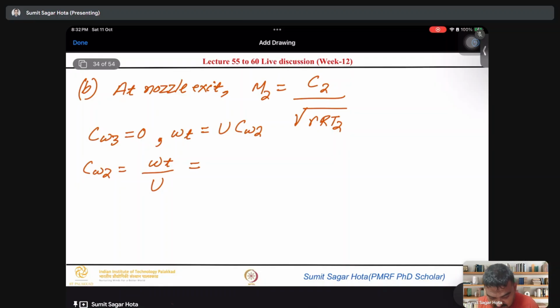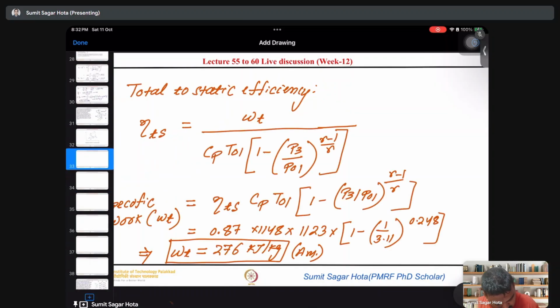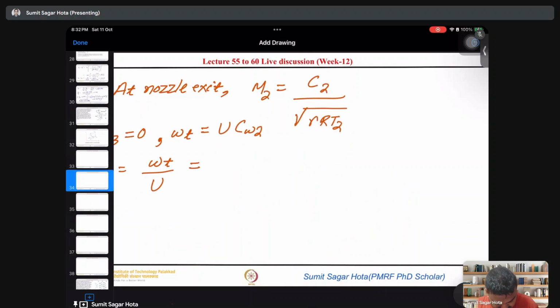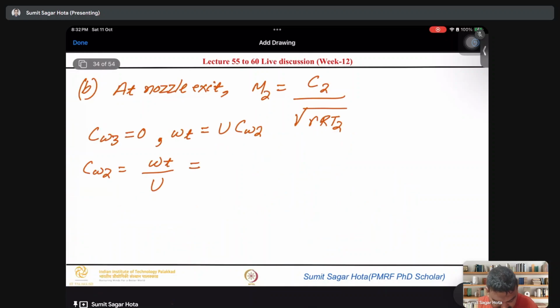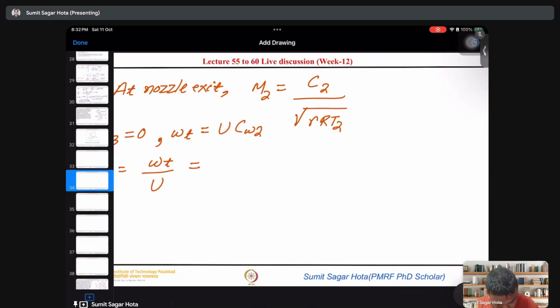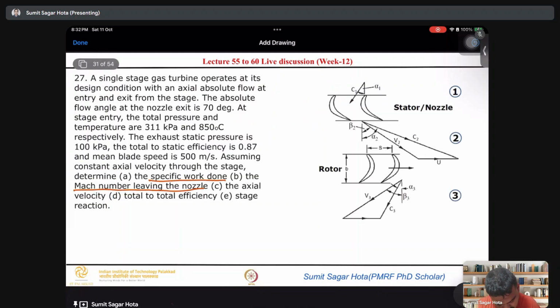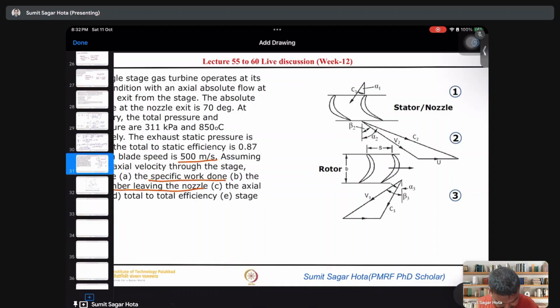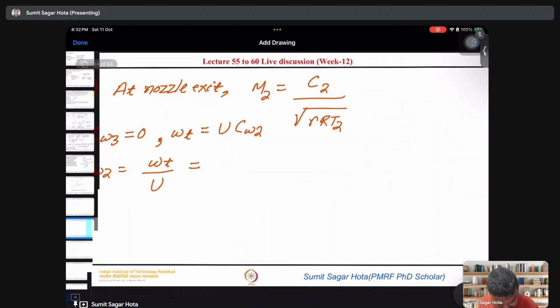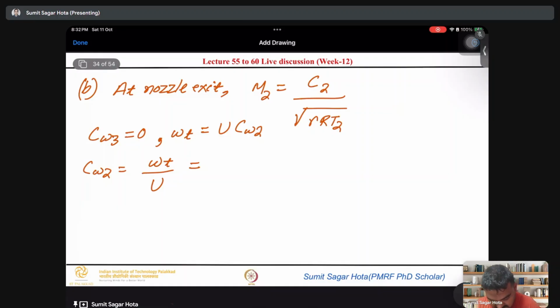Just substitute; we found Wt is 276 kilojoule per kg. In the question it's given 500 meter per second, the mean blade speed, that means U is given.